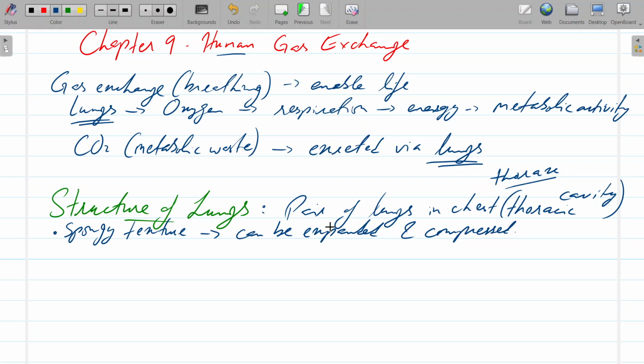Expanded, you could say that they are inflated with air, and compressed, you could say that they are deflated, so the air is removed.